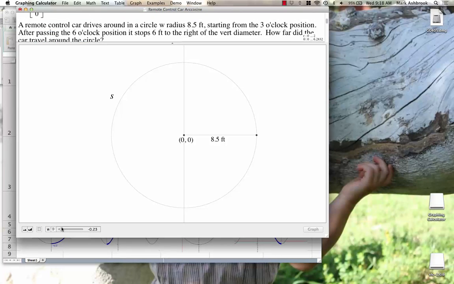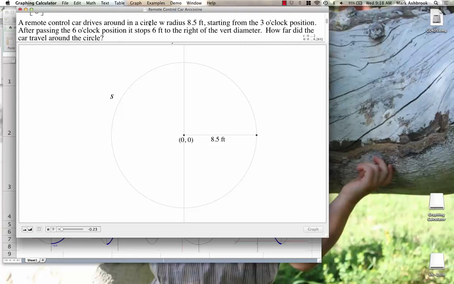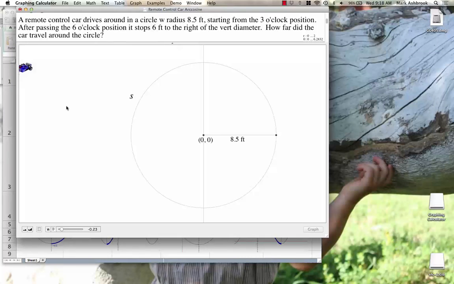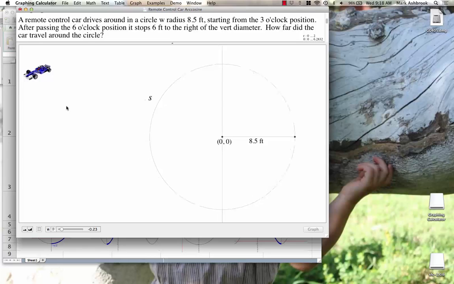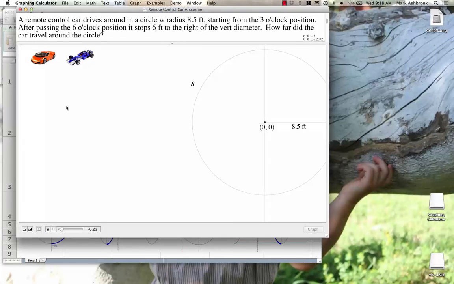Well, first of all, before we talk about this car going around the circle, we have to decide what kind of car we want. So let's look at some choices here. We've got the Formula One. We've got the Lamborghini. Okay, which one do you want?